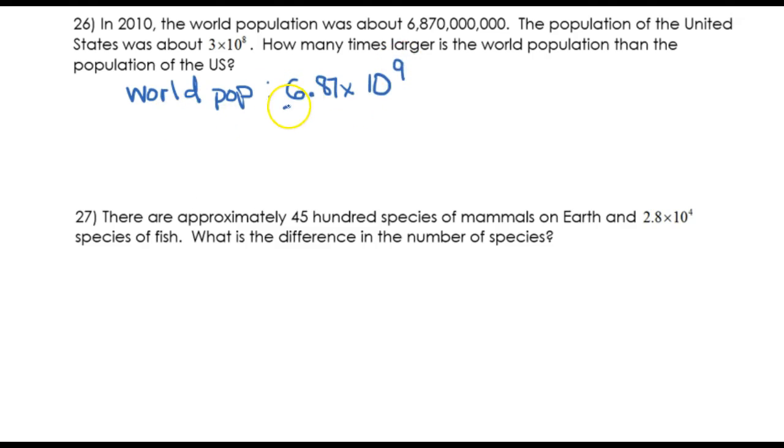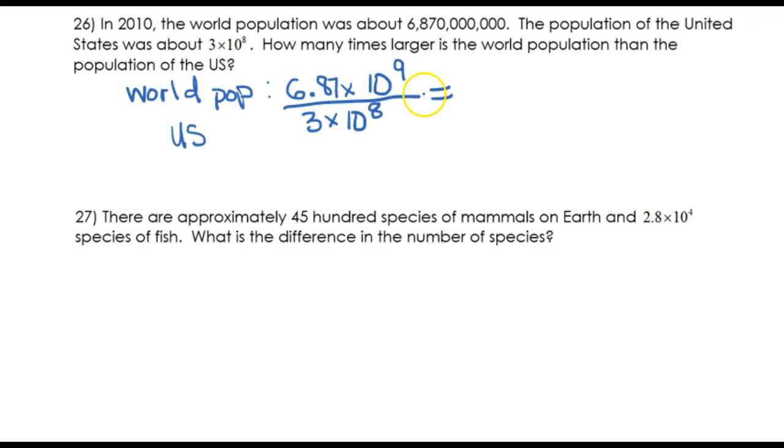Now I'm going to divide that by the U.S. population, 3 times 10 to the 8th power. The reason is that for how many times larger, I need to figure out 3 times 10 to the 8 times what will give me 6.87 billion.